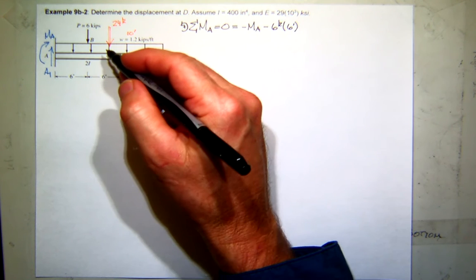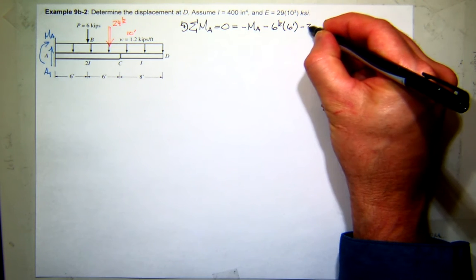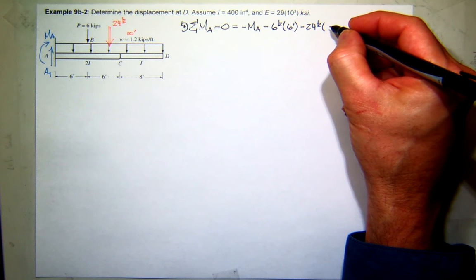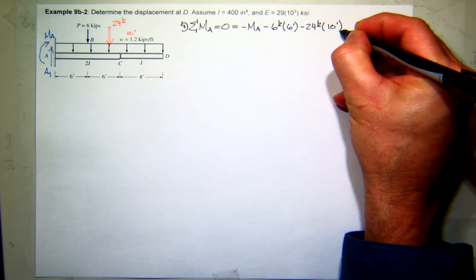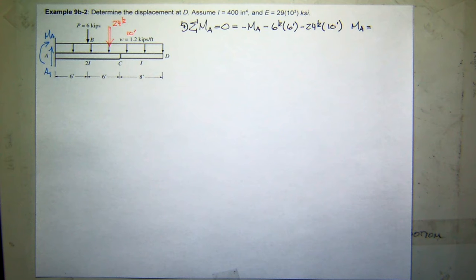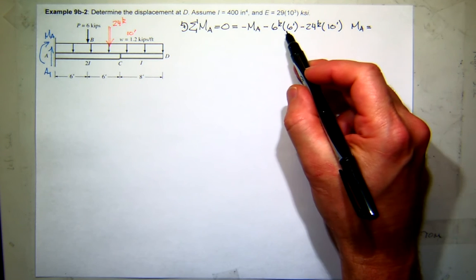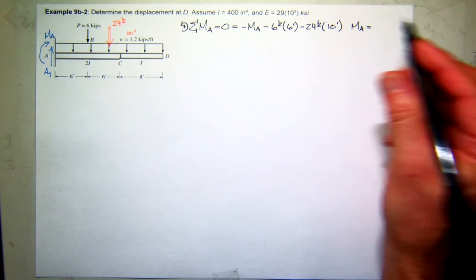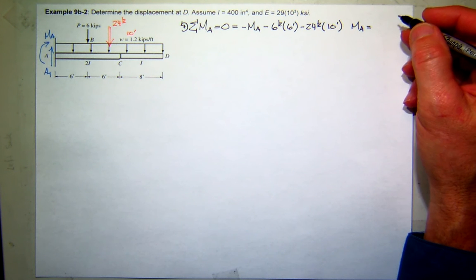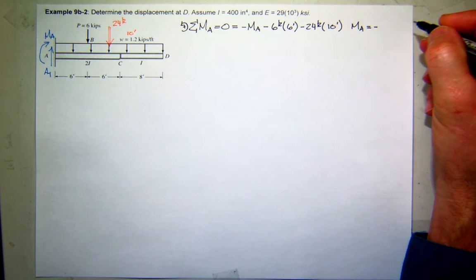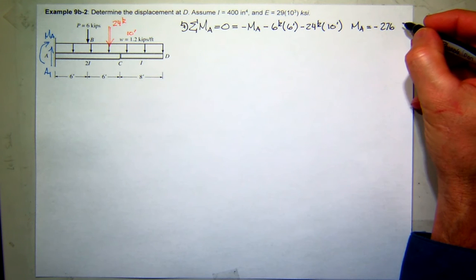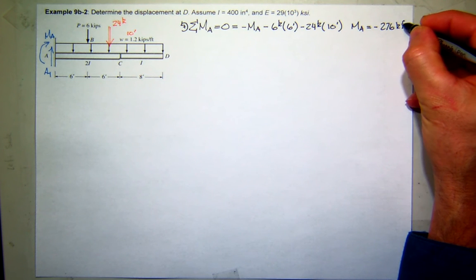And then my concentrated equivalent force, 24 kips, and that's going to be at 10 feet. So it looks like the moment at A is going to be negative. That's 240 plus 36 is 276. That sound right? Anybody else get that with the calculator? So 276, and that's going to be kip-feet.